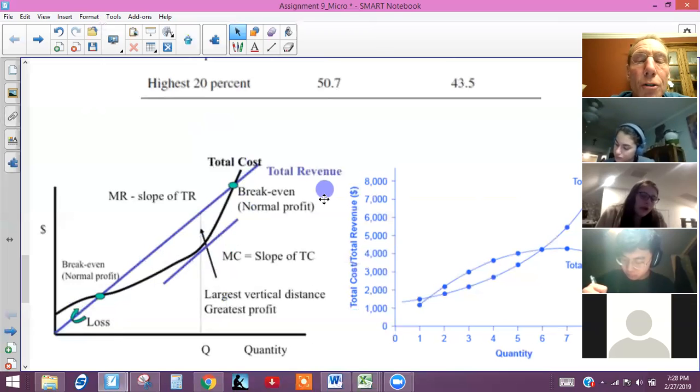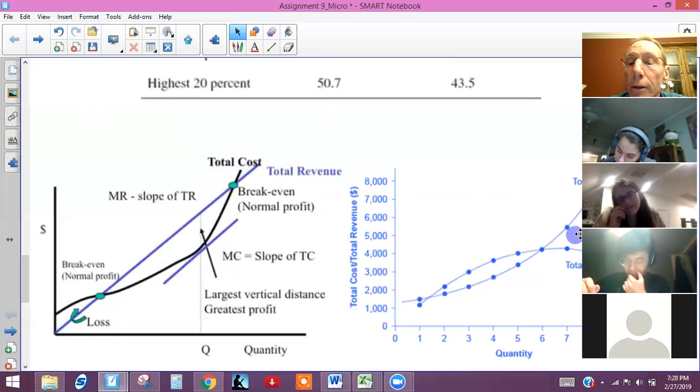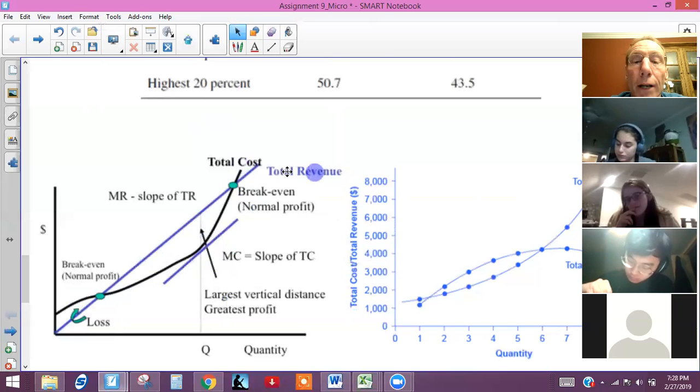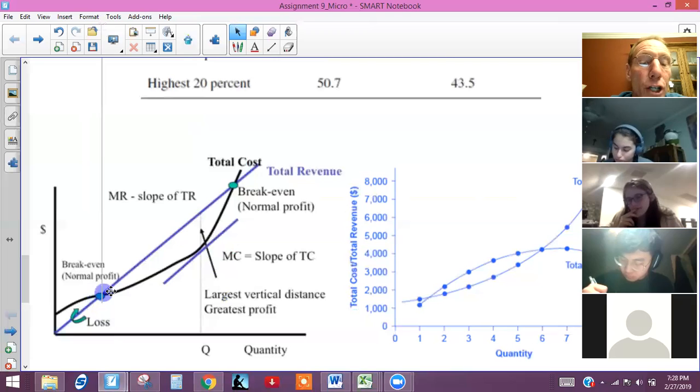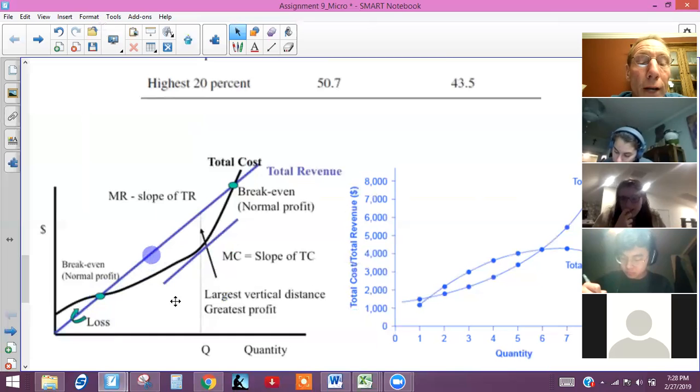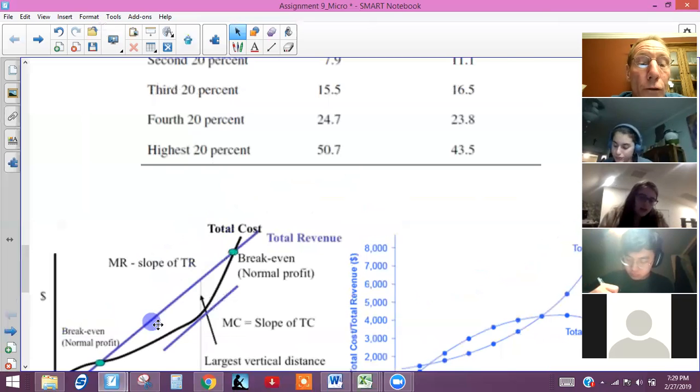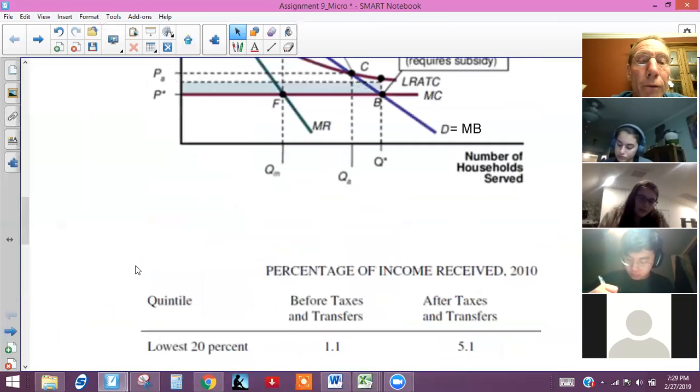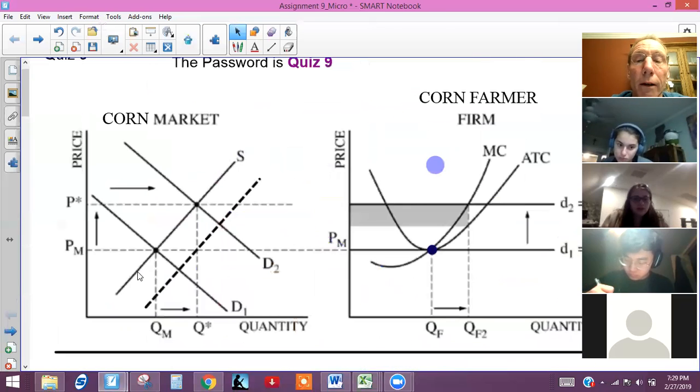Now, why this is weird is because think about marginal revenue. If total revenue is changing constantly, if the change is constant, right? What that means is that marginal revenue is what it is for a perfectly competitive firm. It's this right here, because the change in revenue is constant.